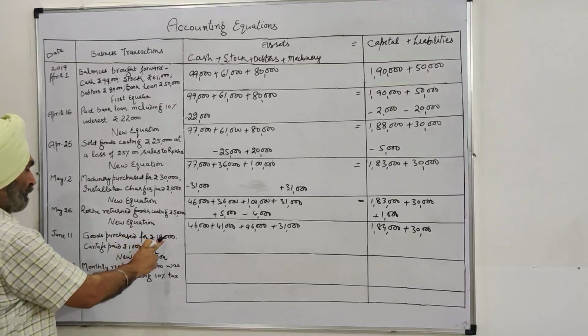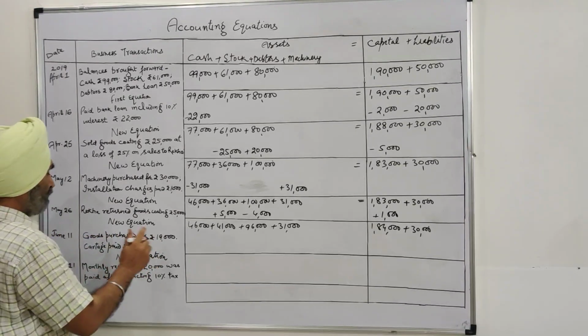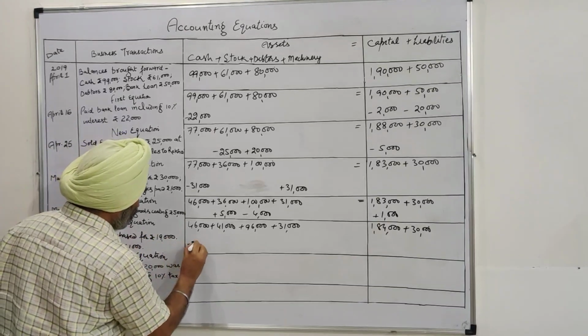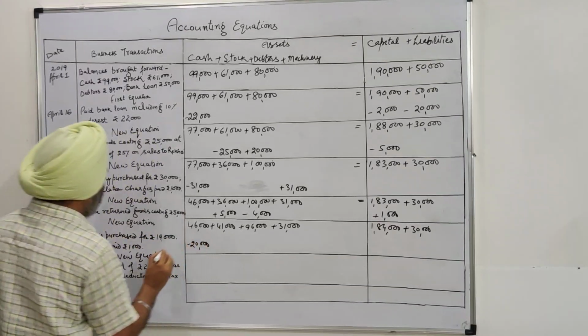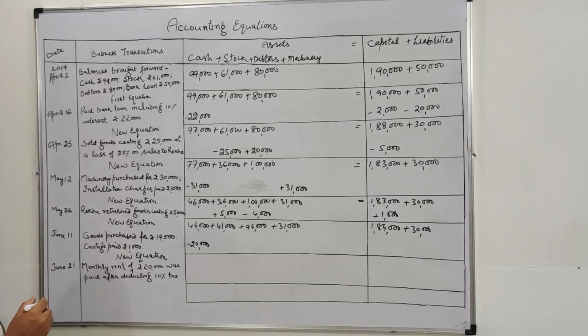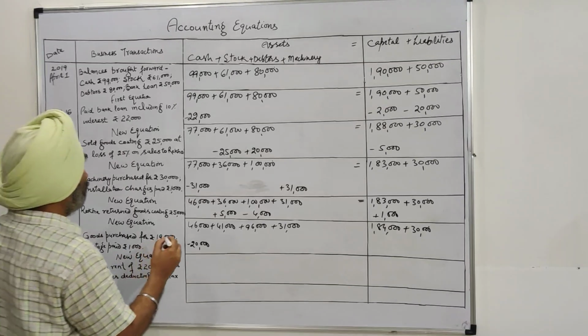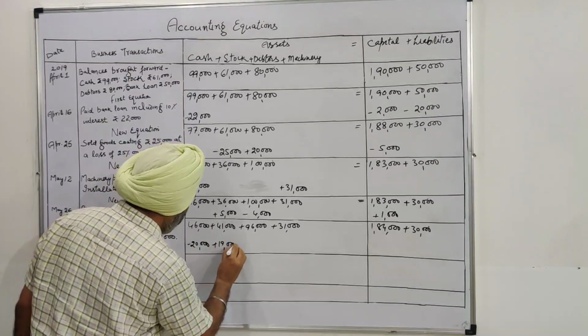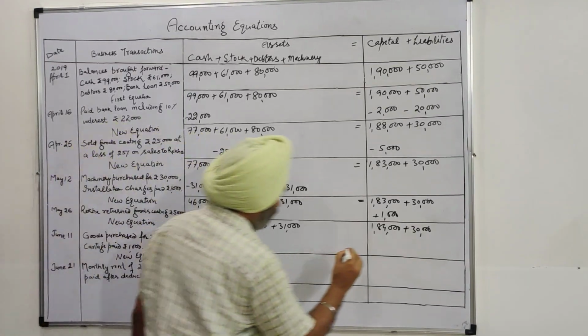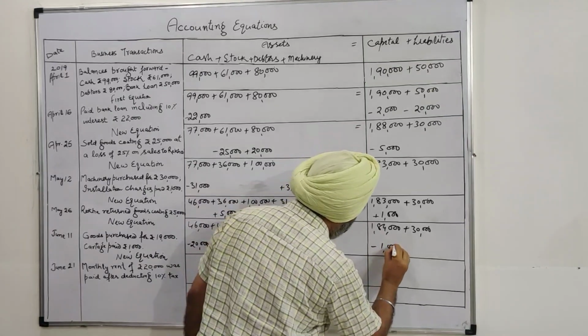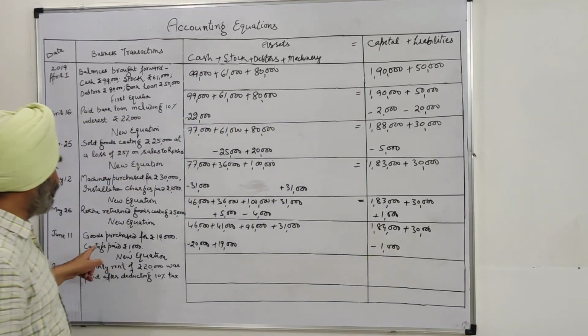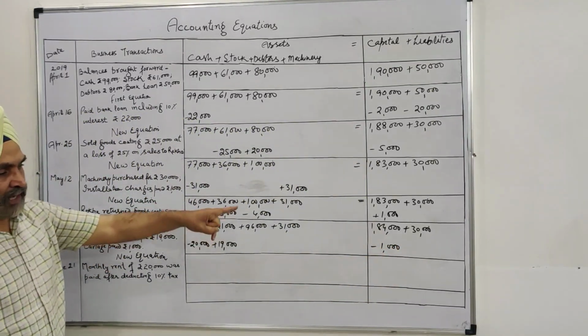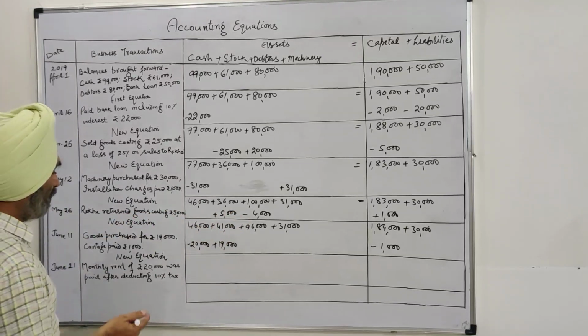Hence, goods purchased for 19,000 and cartage is paid. That means total 20,000 cash we have paid, and our stock will increase by 19,000 and our capital will decrease by 1,000. So cartage paid will decrease our capital by 1,000.